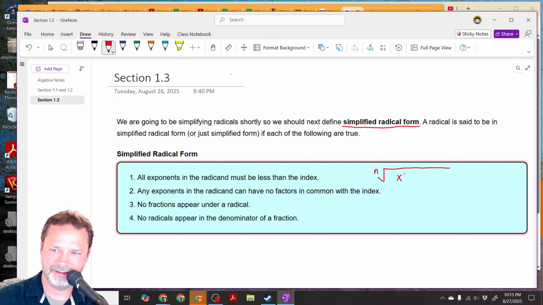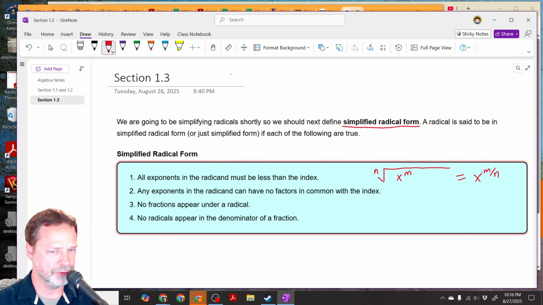So the exponents in here are less than the index, so m is less than n. Any exponents in the radicand can have no factors in common. If you wrote this as a fraction, it's the same as x to the m over n. This m over n must be a reduced fraction is another way to think about that.